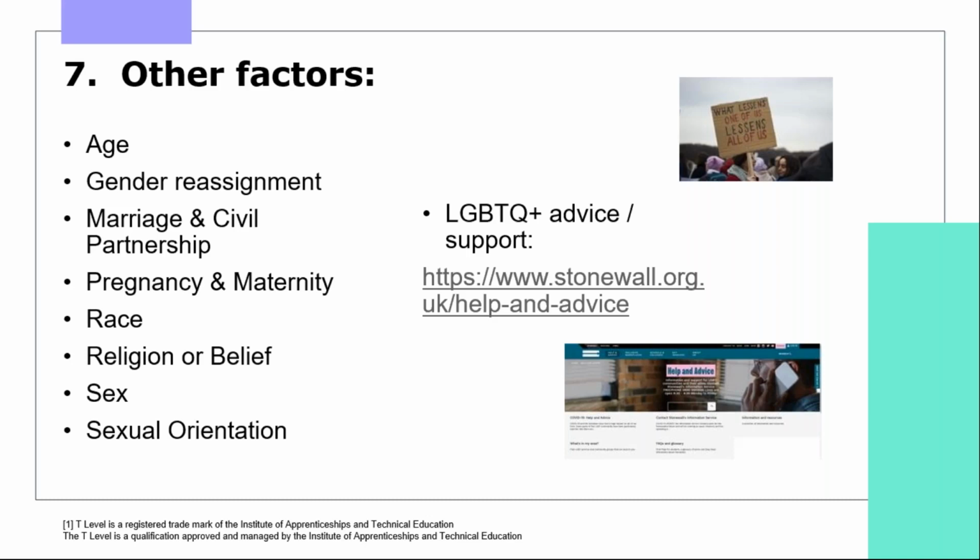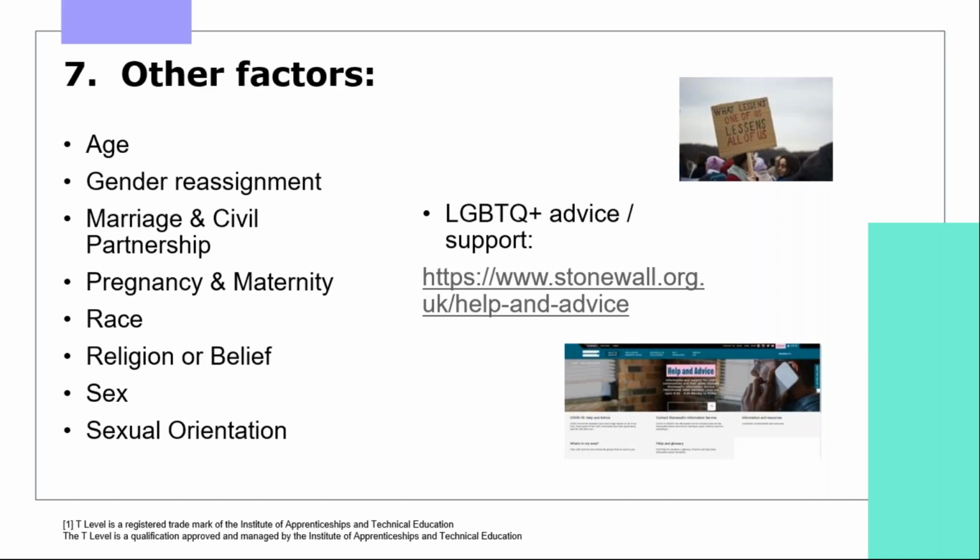Their research with teachers and with young people has shown that 45% of lesbian, gay, bi and trans young people have experienced homophobic, biphobic or transphobic bullying. More than 8 in 10 primary teachers have never had specific training on how to tackle this.